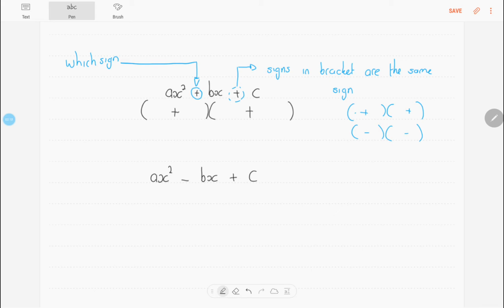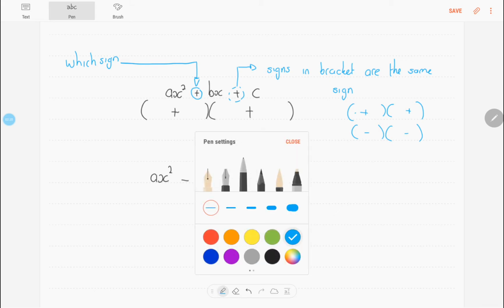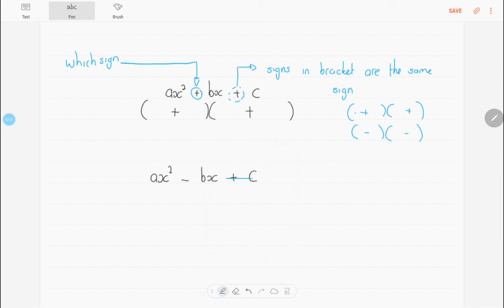positive c. Okay, so first thing, you're going to look at the sign of your constant value. Okay, so this guy here is a positive, so once again it tells us that our signs are going to be the same. Let's bring that up to there. Okay, so signs are going to be the same. So either they're going to be positive or it's going to be negative.